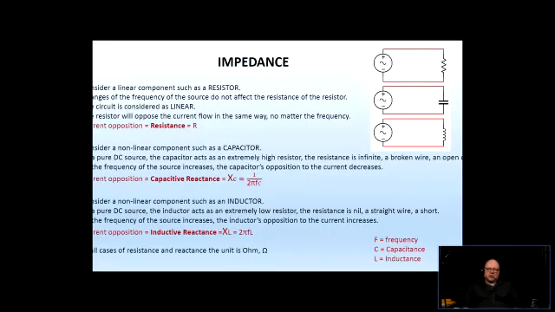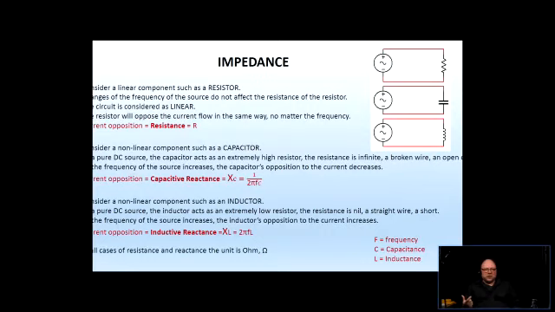When you have a resistor, whether you apply a DC current through that resistor, it is going to resist the current or oppose the current with a certain amount that it is designed for. It could be 50 ohms, 75 ohms, 100 ohms, 600 ohms, whatever it is. That resistance is not going to change.